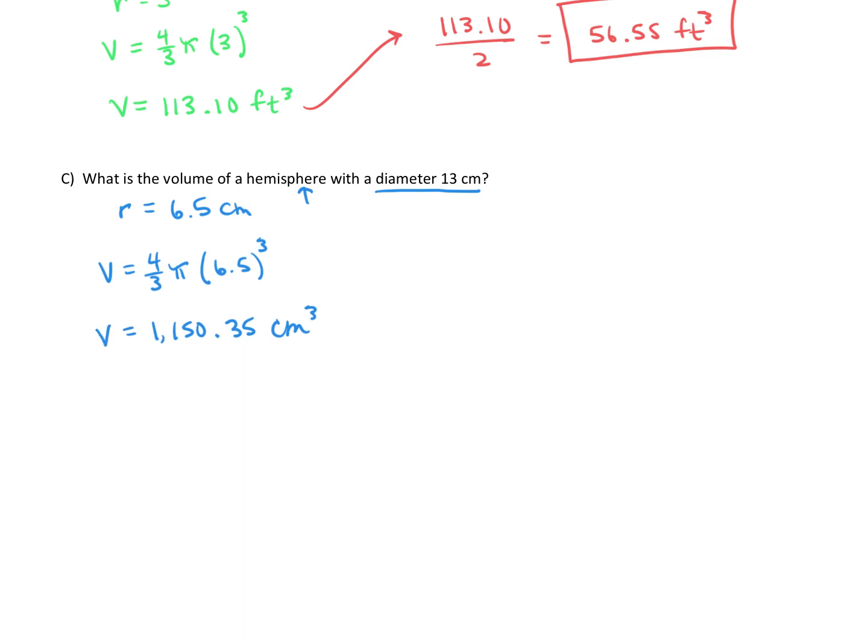Remember, that's the volume of the whole sphere. Now for the hemisphere, we're going to take that 1,150.35 and divide it by 2. We want half of the volume for a hemisphere. That gets us to 575.17 centimeters cubed.